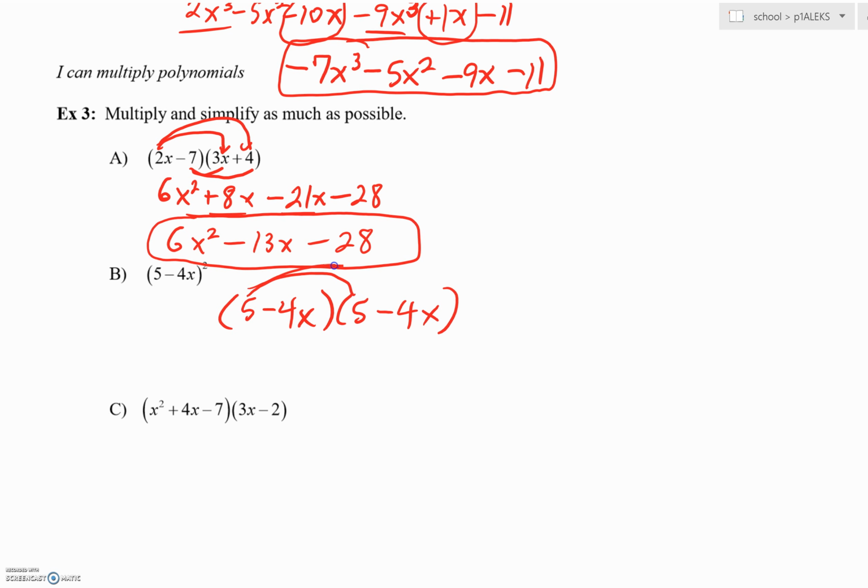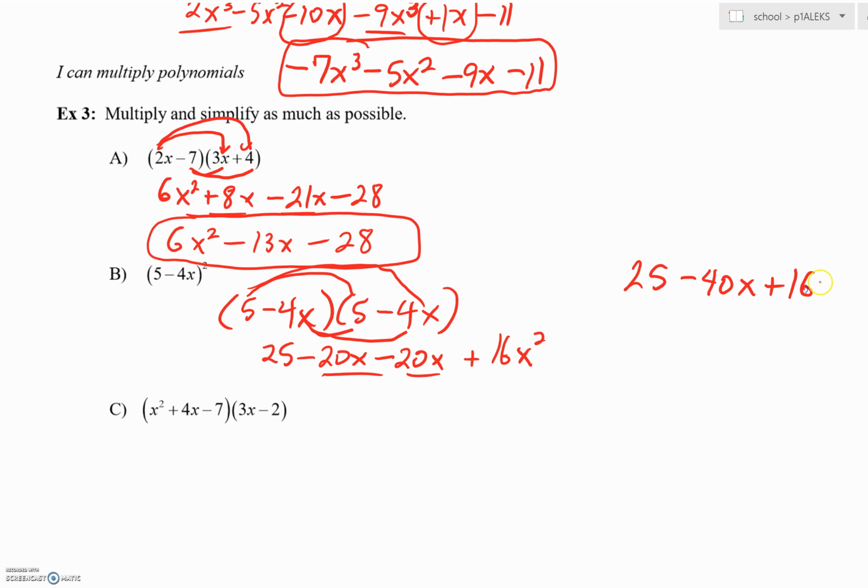So again, just be patient, write it out. 5 times 5 is 25. 5 times negative 4x is minus 20x. Here's another minus 20x. And negative 4x times a negative 4x is a plus 16x squared. Then look for your like terms. My final answer I'm going to write over here, but a minus 20x and a minus 20x is a negative 40x. And that's it. That's your final answer.